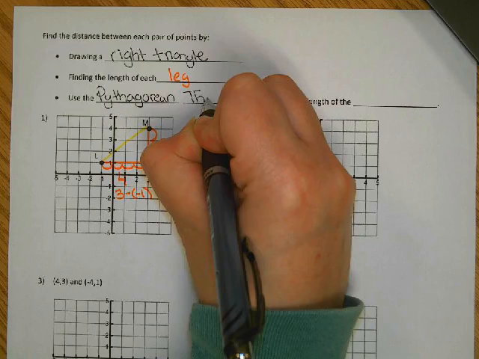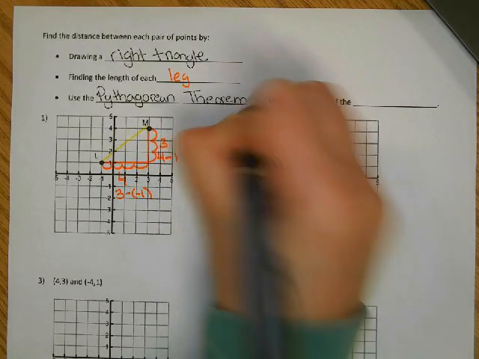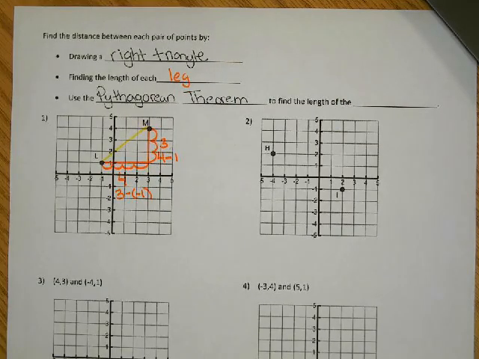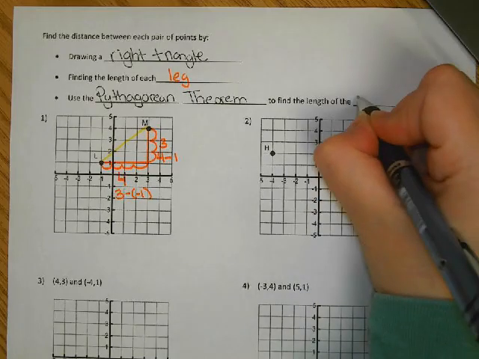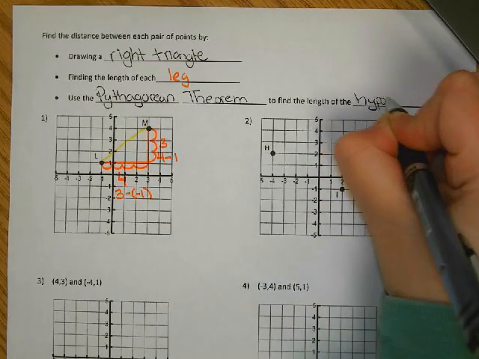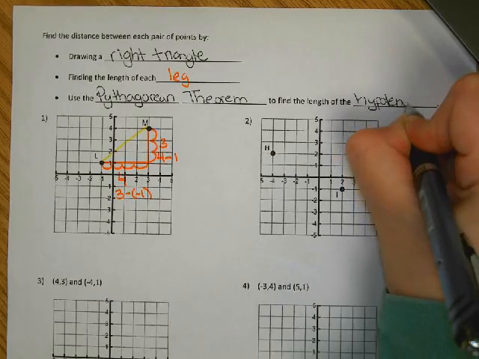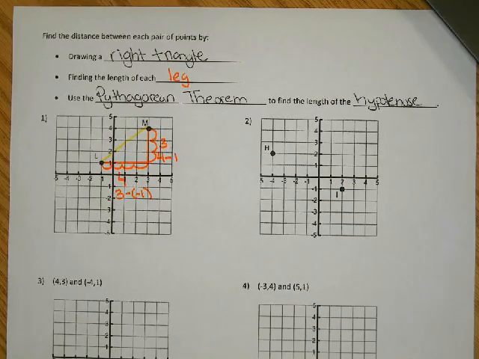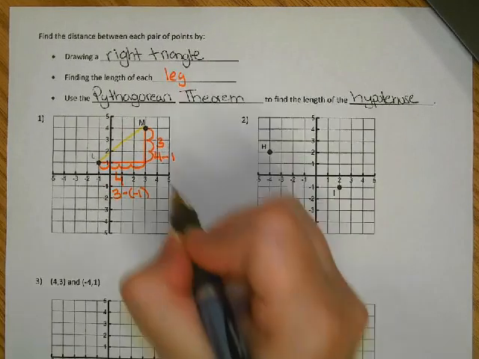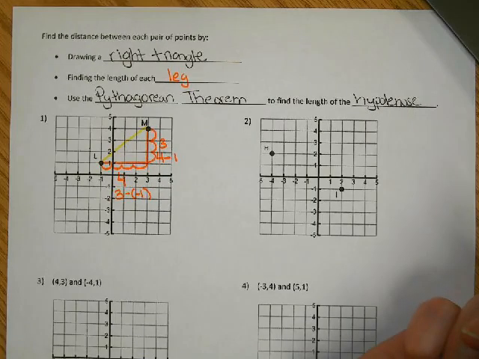We use the Pythagorean theorem to find the length of the hypotenuse. So in this case, what side of our triangle are we looking for?